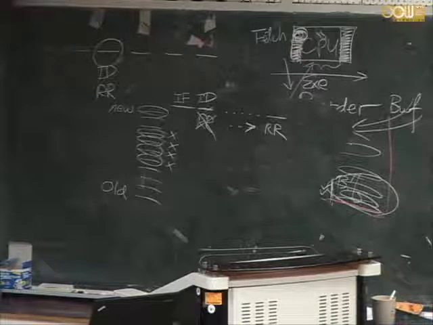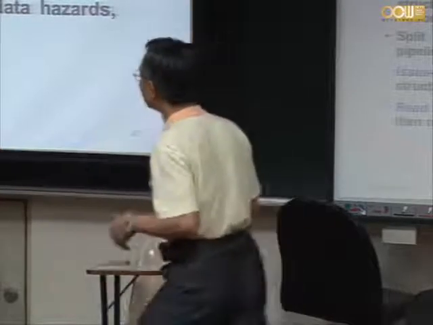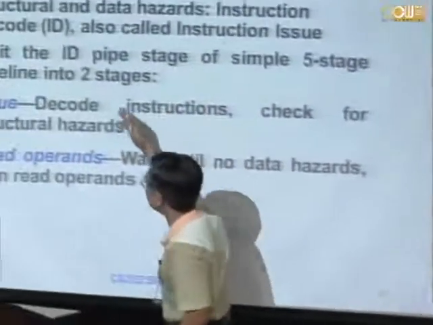Now you see why we need to split this stage into two. We still can do decode at will as long as we have the instruction. But the sources may not be available yet. That's why we need to split this stage into two.